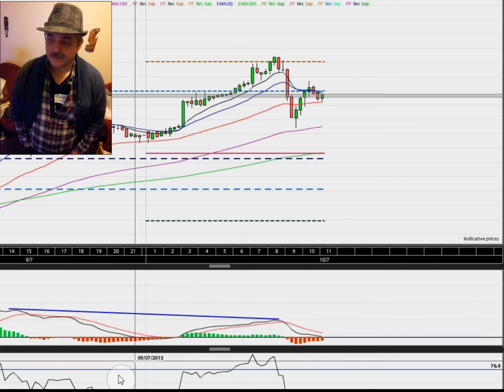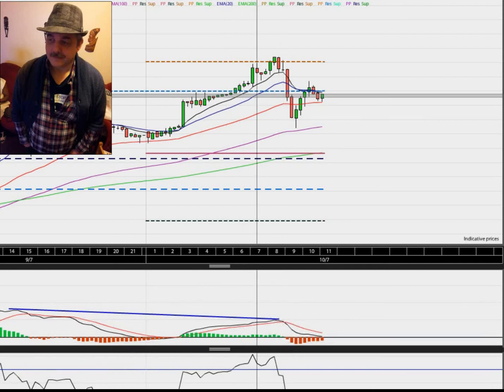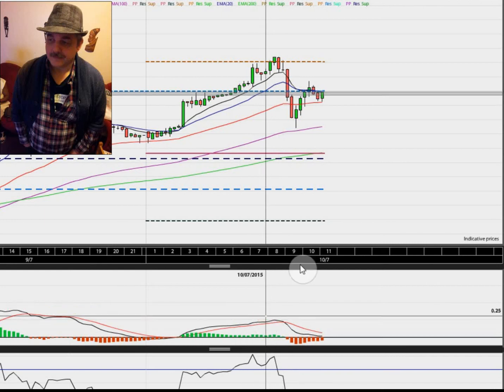You can see the divergence here on the lower time frames, and the immediate divergence. That's not really relevant. No stochastics and convergence and price action there and indicators. Not too much to say about that.